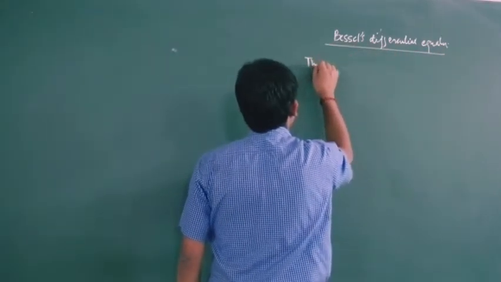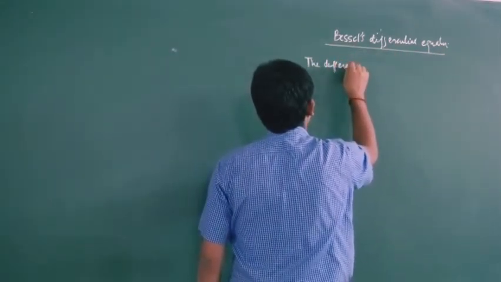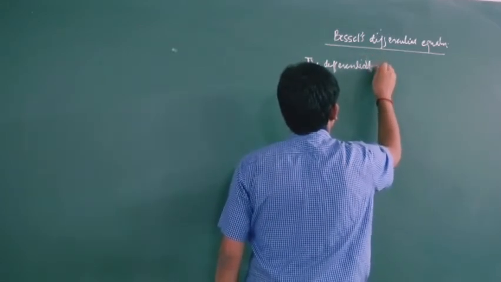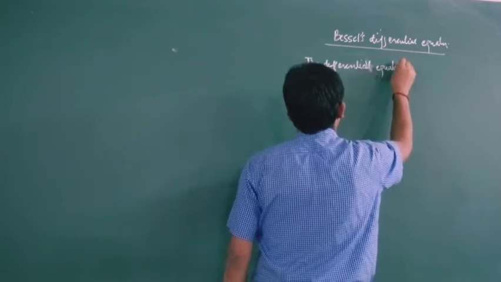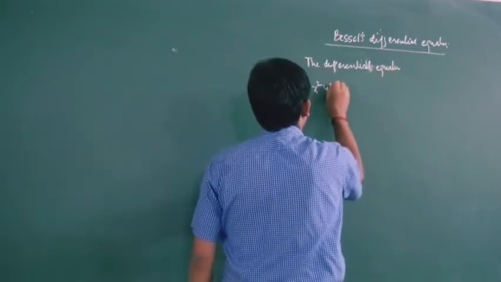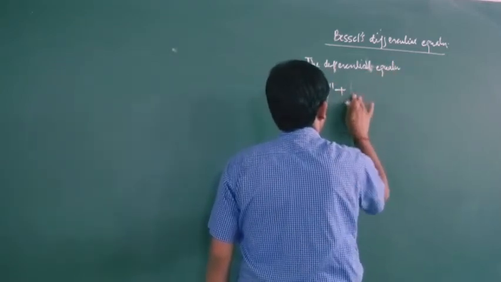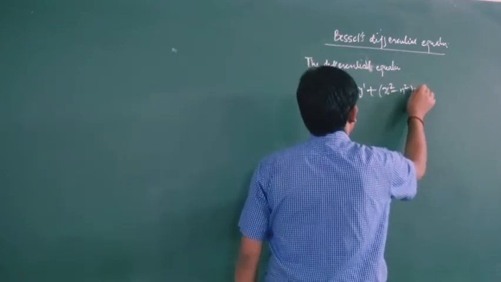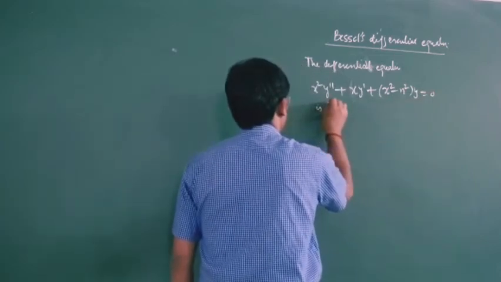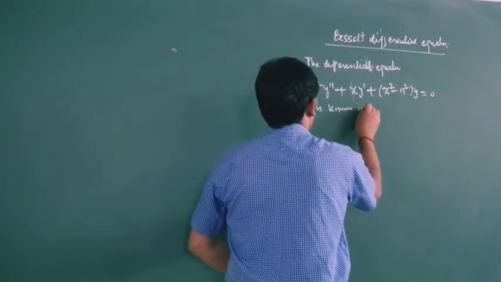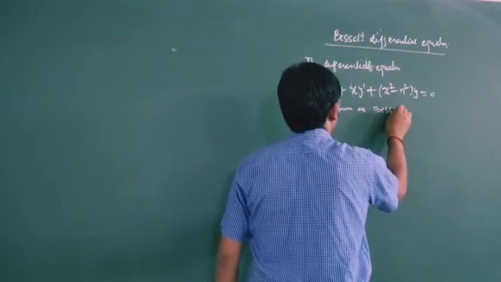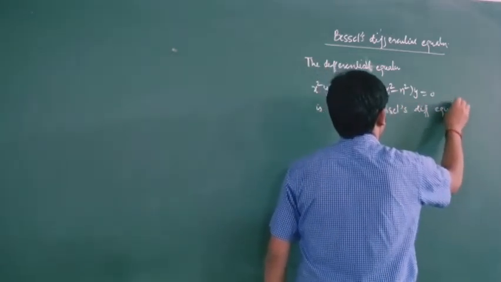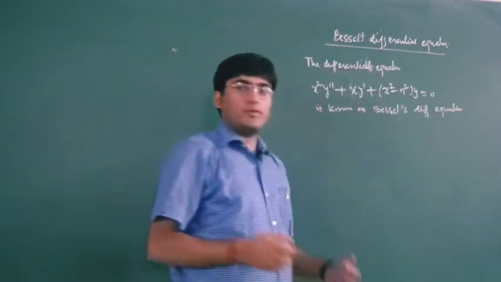The differential equation x square y double dash plus x y dash plus (x square minus n square) y equal to 0 is known as Bessel's differential equation. This is known as your Bessel differential equation.